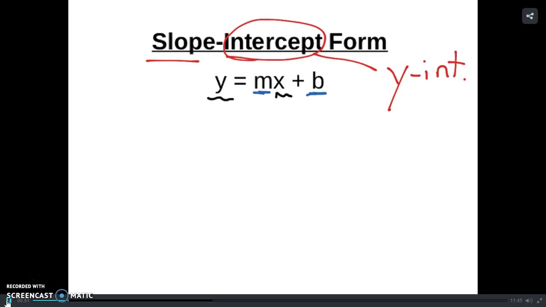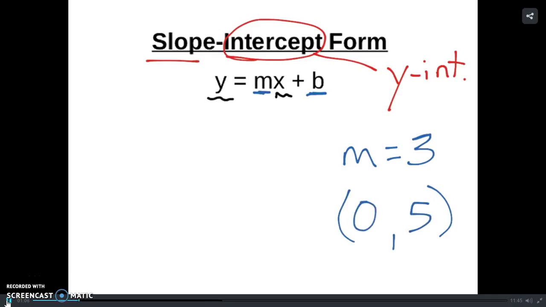So for example, if I gave you the slope of a line is 3, and the y-intercept, which is usually going to be written as a coordinate, as (0, 5), then I would be ready to fill these into my equation.